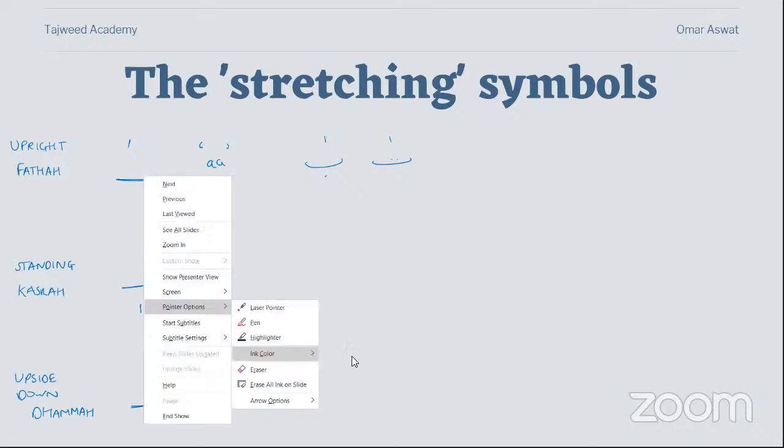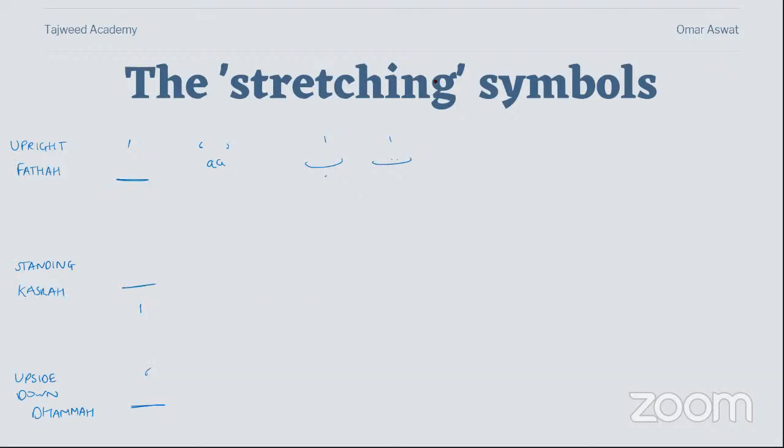Now I'll explain to you what 2 alifs mean. What do we mean by stretch for 2 alifs? We mean the time it takes to open a closed finger or to close an open finger.